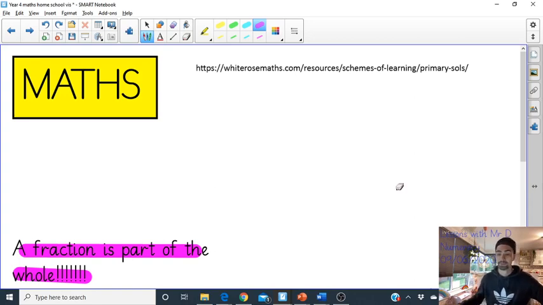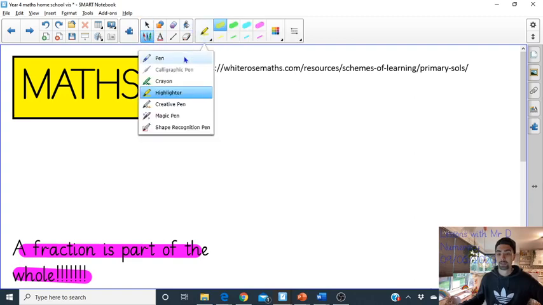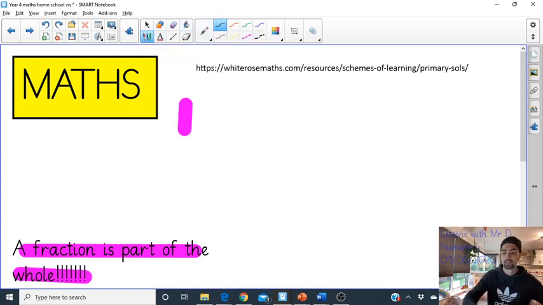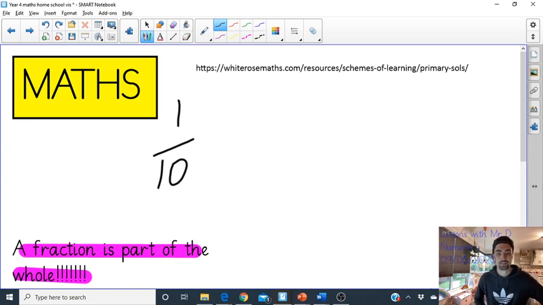So for example, yesterday we were counting in tenths. Now, a tenth is a fraction. That's that scary thing here. But we know now that it's not really that scary.